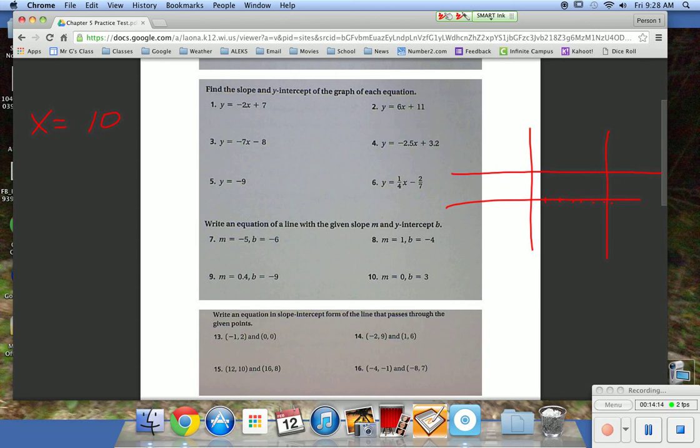Undefined. My slope in this case is undefined. That's an undefined slope, because we don't have a slope. Remember that when we do this, y can be any number, but x has to only be that number. So it's a straight up and down slope. It's undefined. This type of slope is 0. It's flat. Okay? Told you I'd get you.